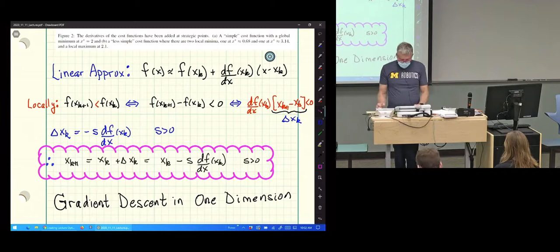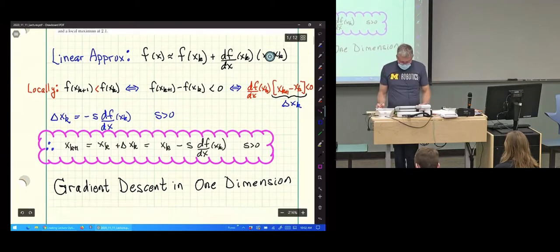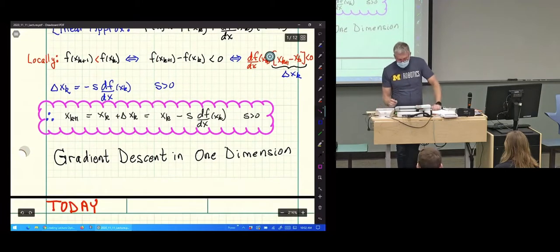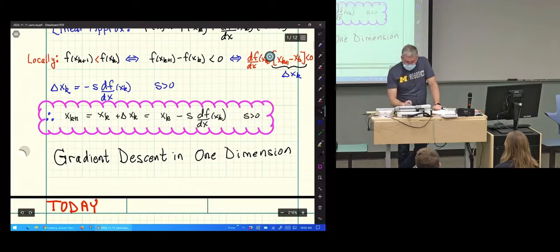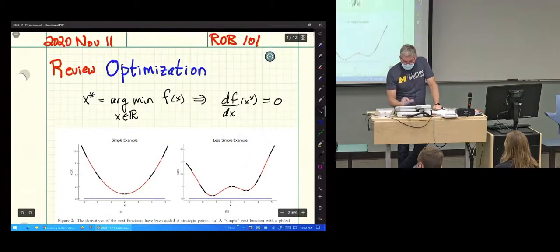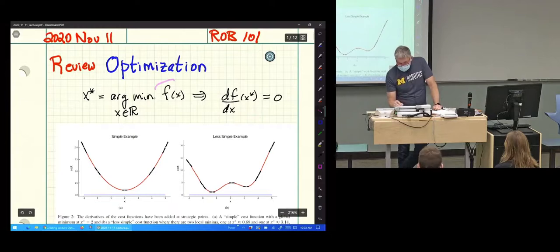Okay, so that's called gradient descent in one dimension, and it's simply because the gradient is a generalization of the derivative of a function whose values are real numbers. So f here is taking points in R and giving us points in R just like this.